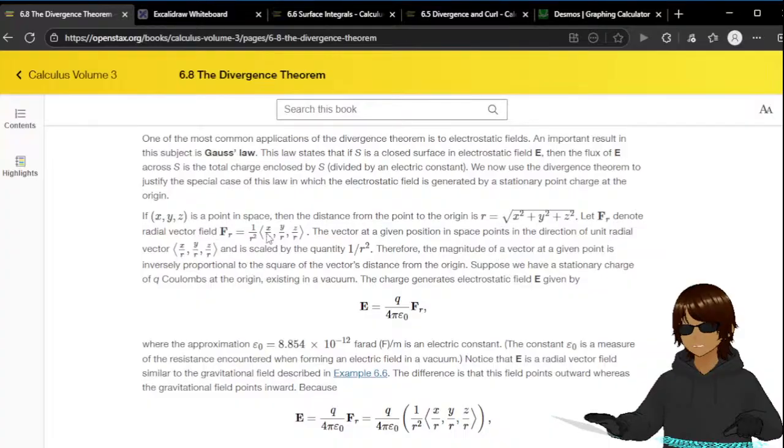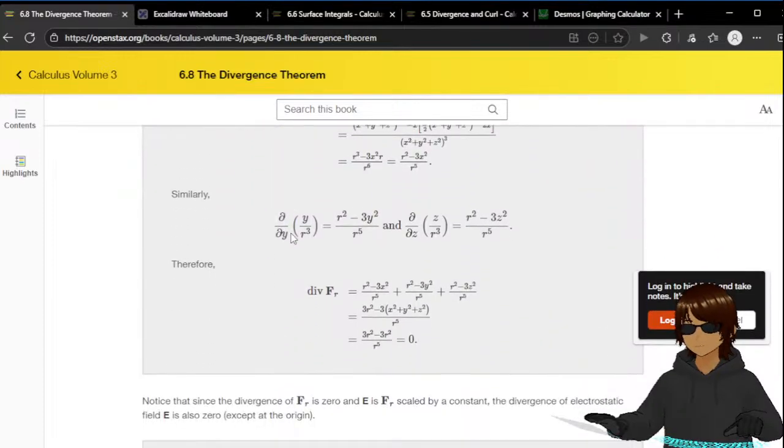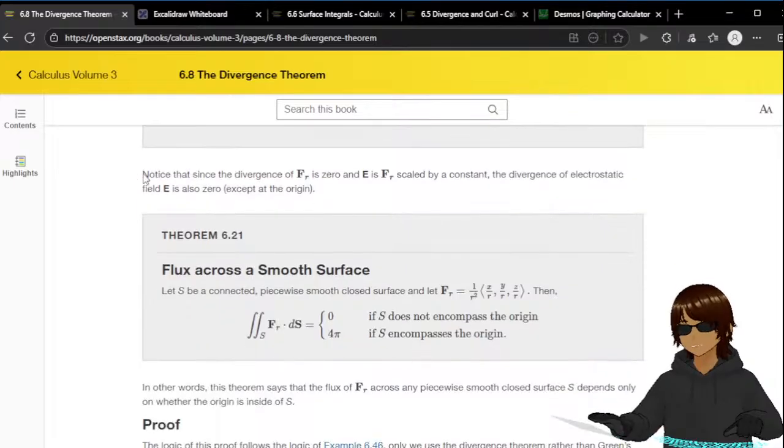They multiply each component by 1 over r squared, and then they are finding the divergence. This, and this. We get 0. Notice that since the divergence of F(r) is 0 and E is F(r) scaled by a constant, the divergence of the electrostatic field E is also 0 except at the origin.